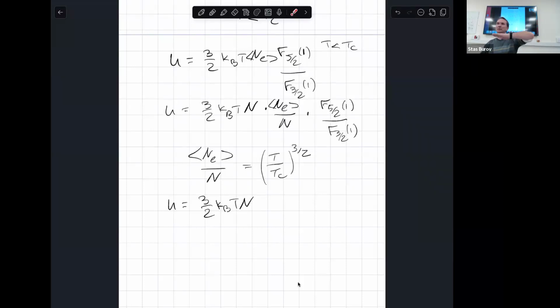So in some sense, there is interaction: all the particles want to see the lowest possible level. No kinetic energy whatsoever. So it is multiplied by a numerical prefactor, F_{5/2}(1) over F_{3/2}(1), which is a constant, multiplied by T divided by T_C to the power 3/2.